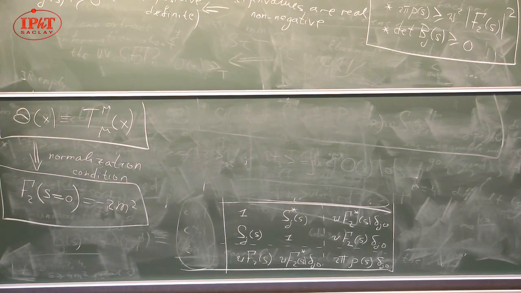I will not prove this here. I can explain later if you're interested. But roughly this is because the stress tensor forms the conserved charges, which are the translations, P. And our asymptotic states are eigenstates of the translations. And this leads to the following constraint after some algebraic steps.